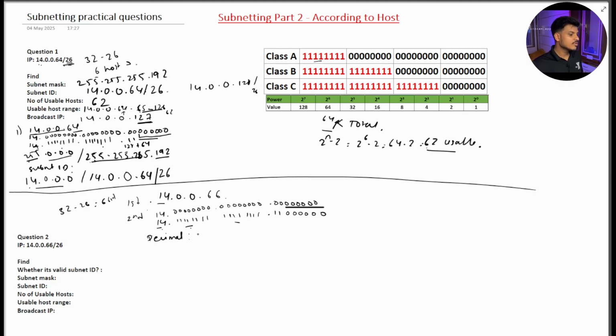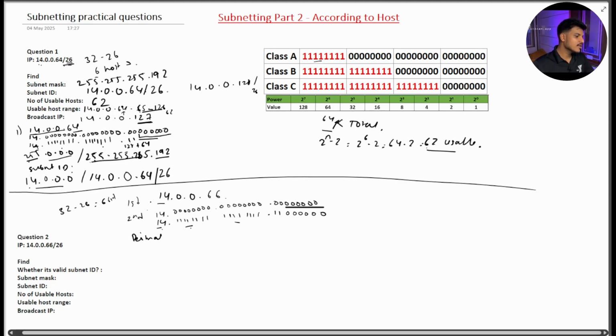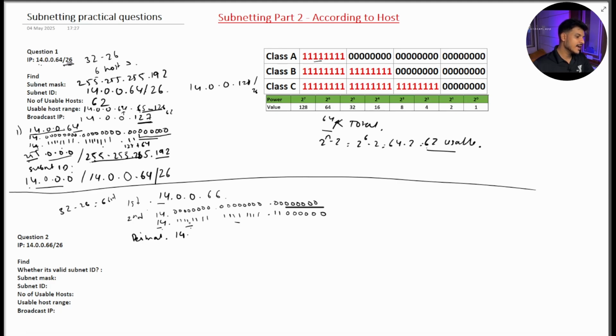To write in decimal value, we can write the first part, that is 14, and the bits that are given to network. You can directly skip this step and take the shortcut, since you already know that 26 bits are given to network.